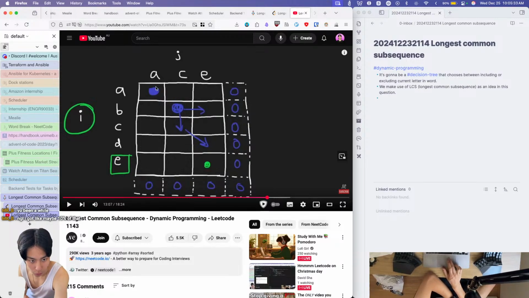So once we reach here, it becomes A, B, C, D, E as string 1 and ACE as string 2. That is our problem that we're trying to find the longest common subsequence of. And we'd expect that value to be equal to 3, because the longest common subsequence between ACE and A, B, C, D, E is 3.